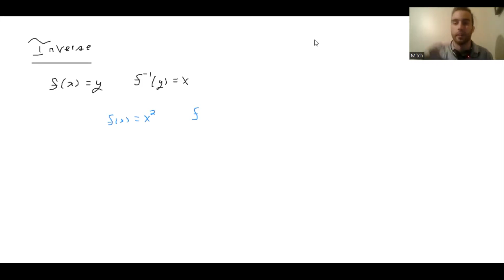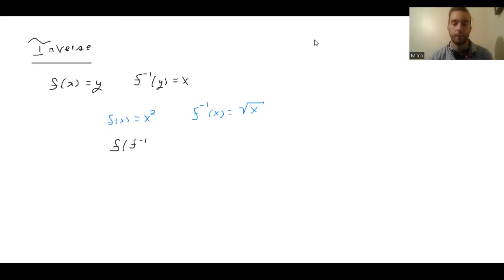If it's negative, then we'll restrict it to the negative square root. But there can only be one output for it to actually be a function. And again, the whole point is that these undo each other.